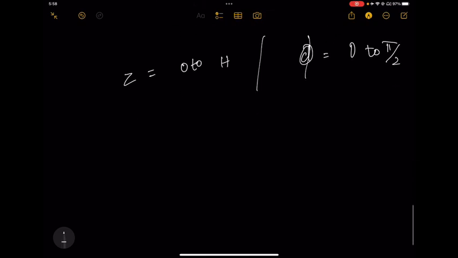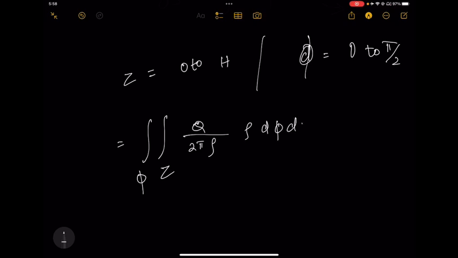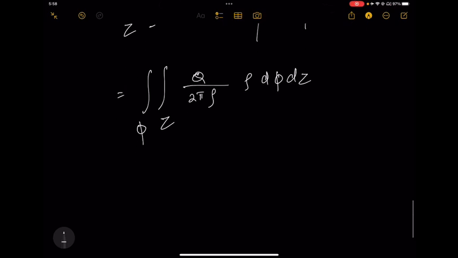So if you substitute, E is charge divided by 2 pi rho, times rho d phi dz, rho gets cancelled, Q by 2 pi, phi from 0 to pi by 2, z from 0 to h.